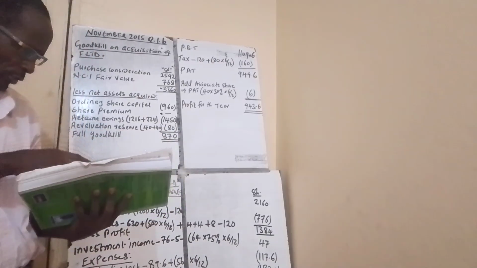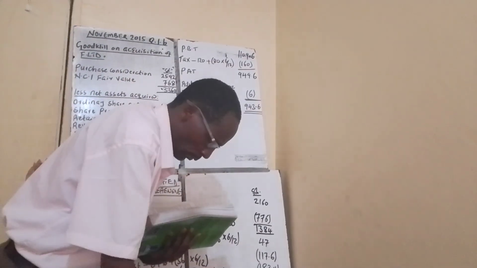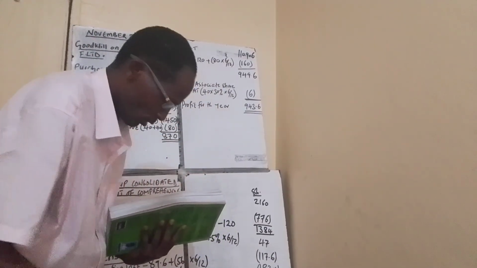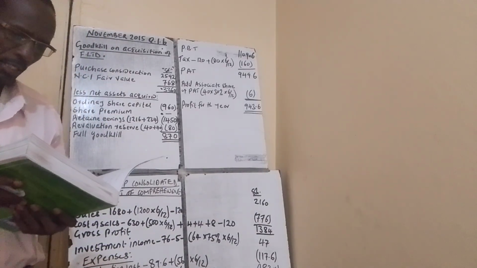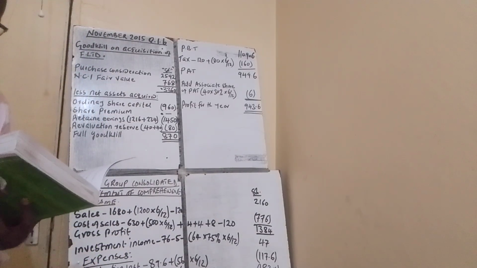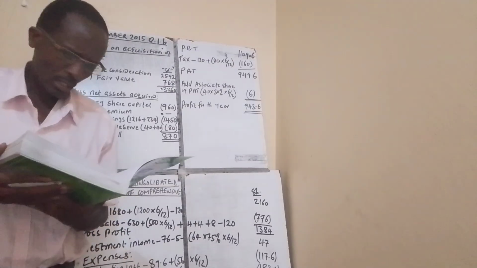Now I want us to just go straight away to a question. I'll read it for you, and then I'll project it so that you may have a solution together.